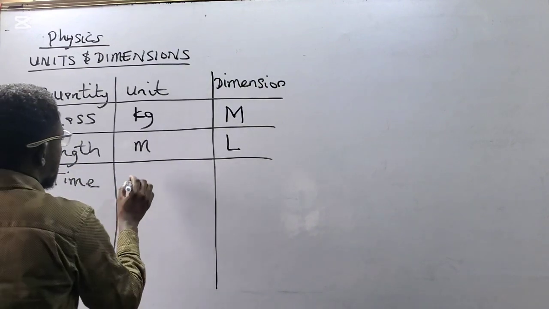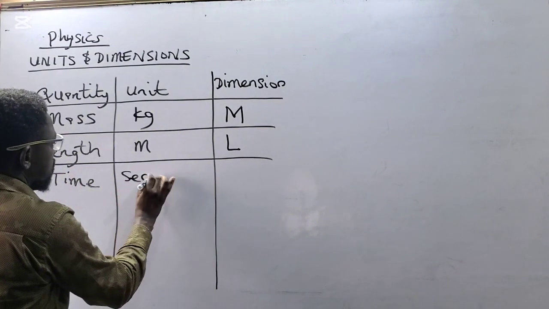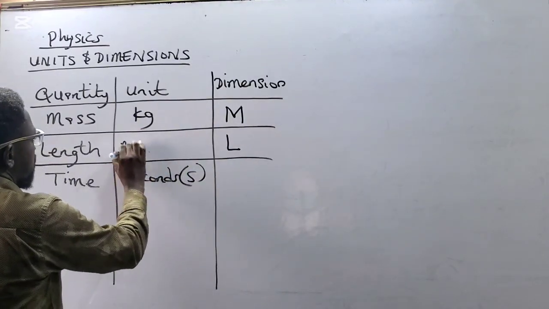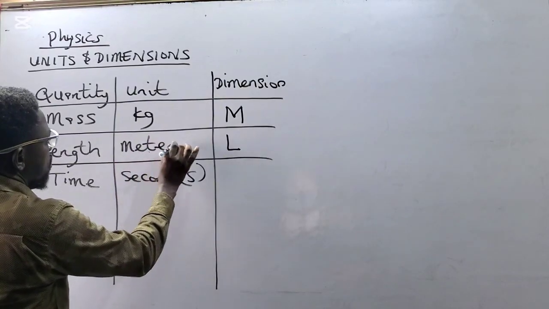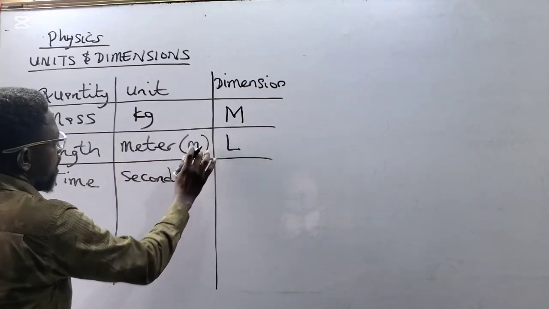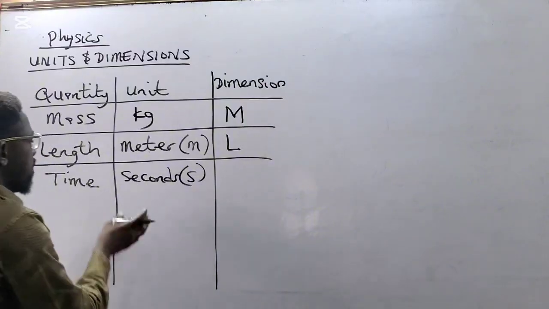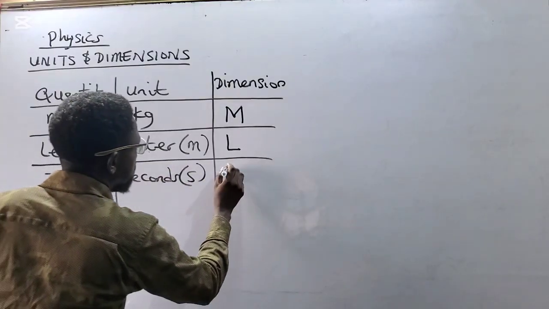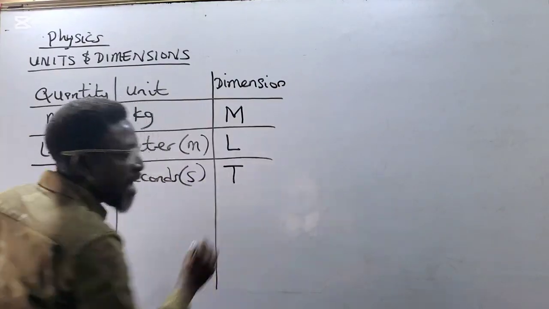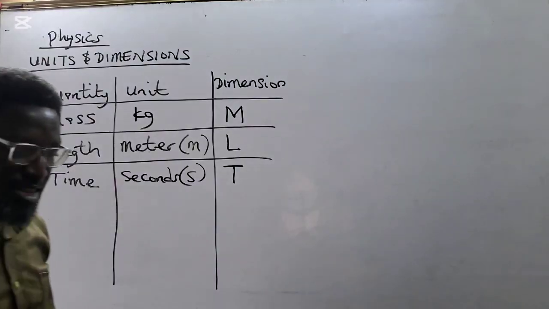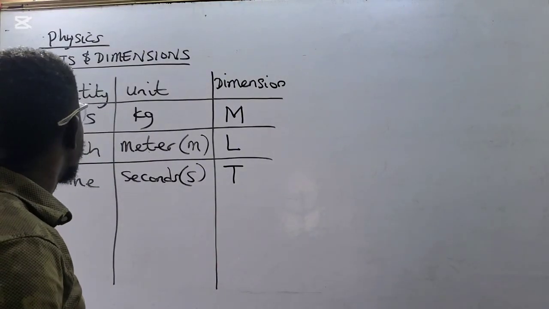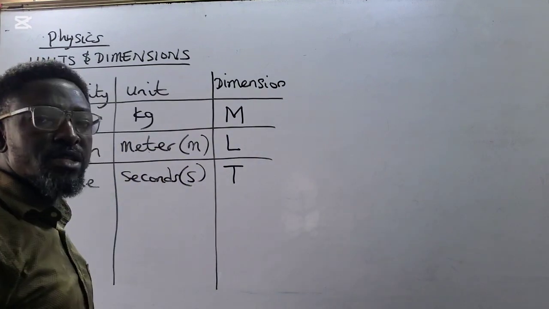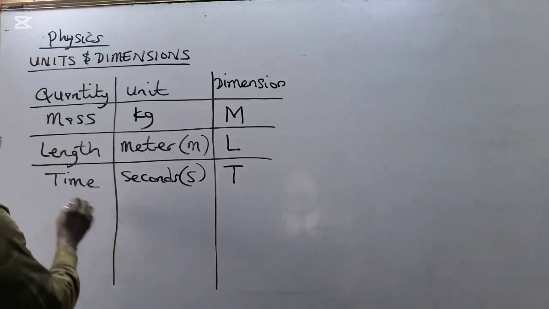The unit of time is seconds, which is S. Meter is normally represented with m, and seconds speaks of time. Then the dimension of time is T. So these are the three basic fundamental quantities in physics, and these are the units, and these are their dimensions. So now let's proceed.